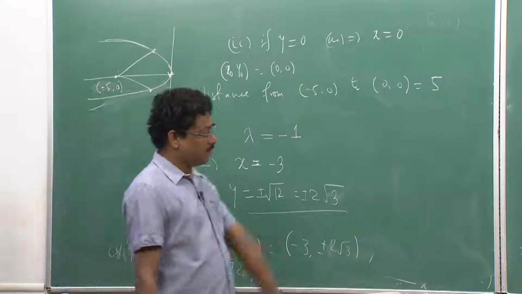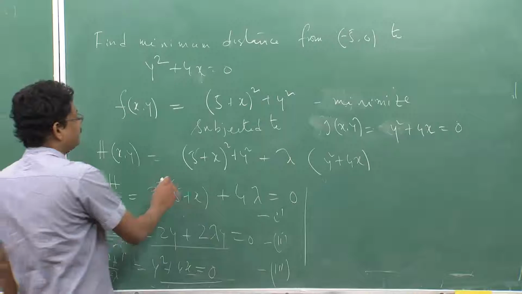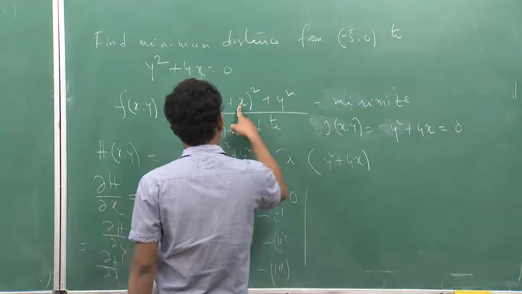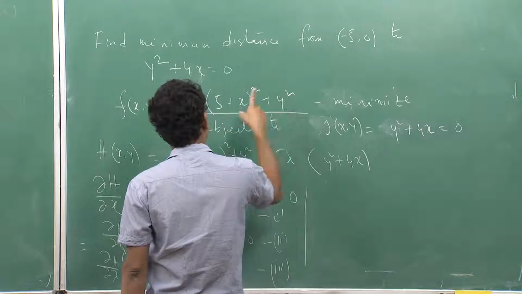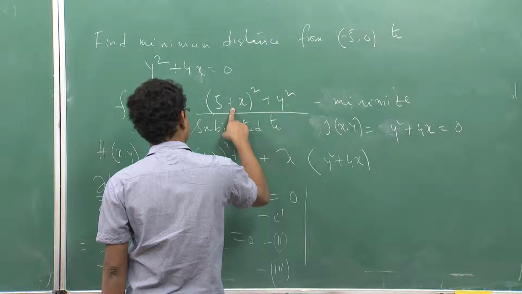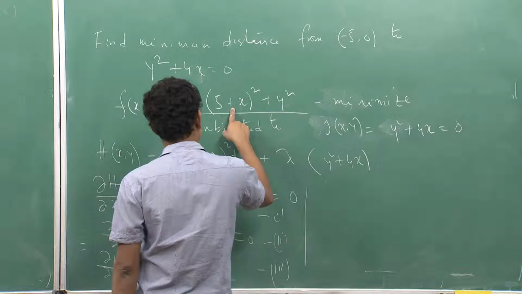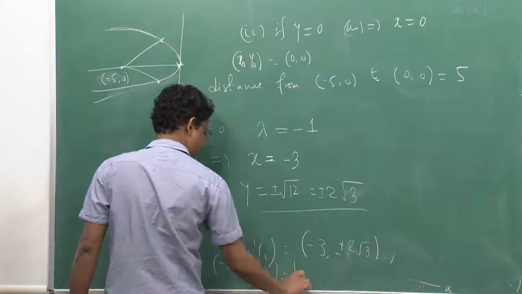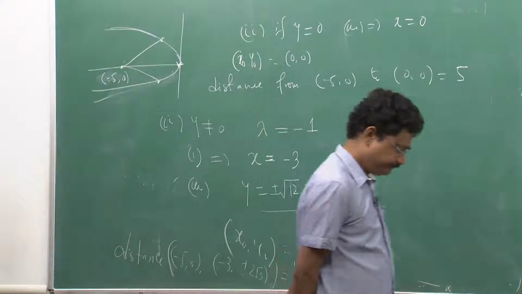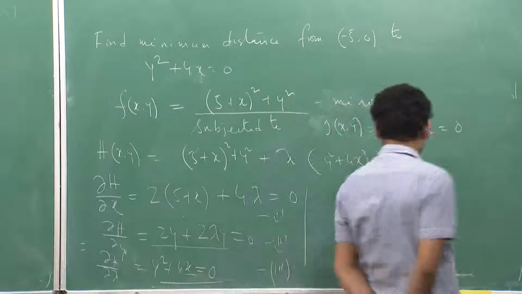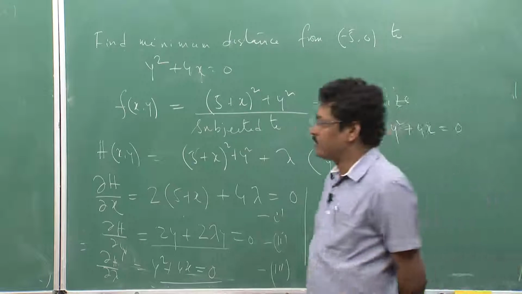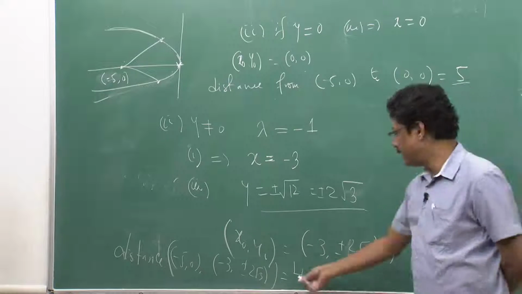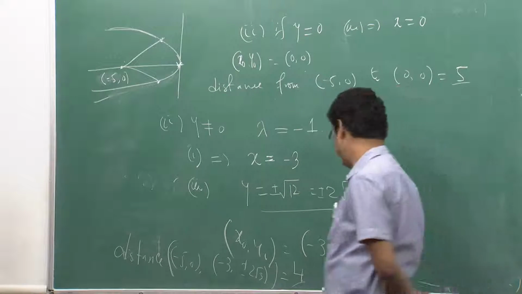This is simply square root of 12 plus, so square root of f x y, this is 4. So, earlier from origin the distance was 5, here I get 4. So, this is a candidate.